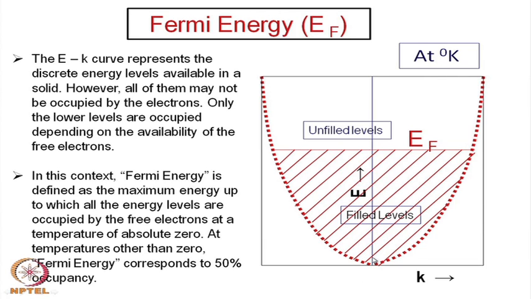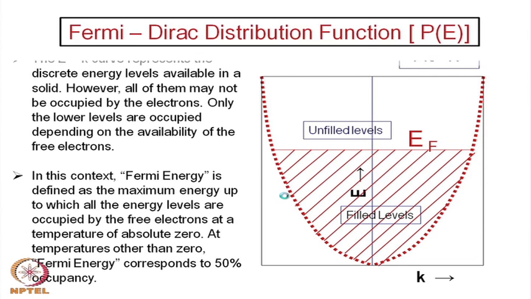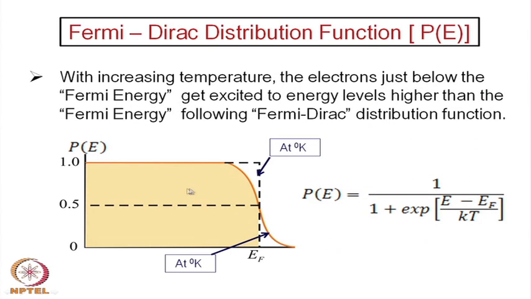This was the vertical axis E, and here it is the horizontal axis. There is no k term, the wave vector term, here; k is the Boltzmann constant here, that one has to remember. This probability function, if you plot, looks like this.